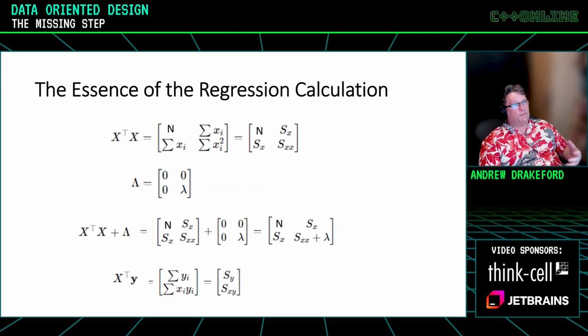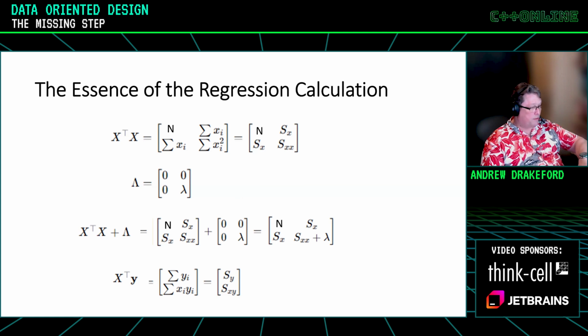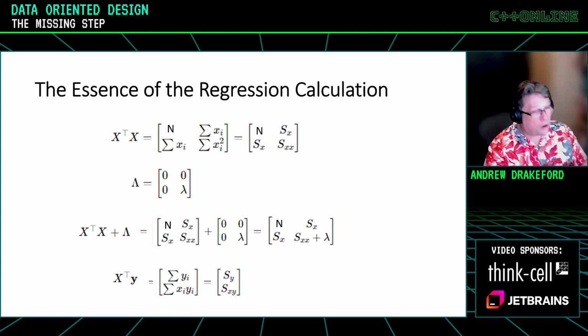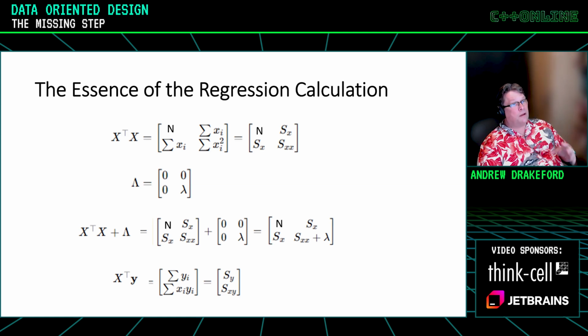So why is this thing slow? Well, let's have a look at the essence of our regression calculation. We have the X transpose X matrices, and inside these we have the sums over all the xi's and over the x squared, and also in X transpose y, the sum over all the y values and the sum over the products of xi and yi. So these are the things which make our matrix calculations slow.